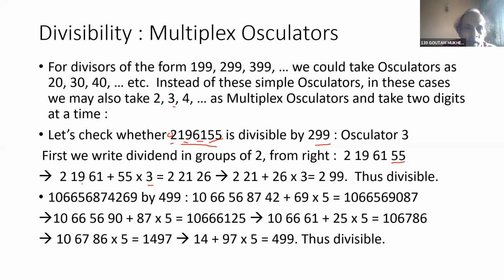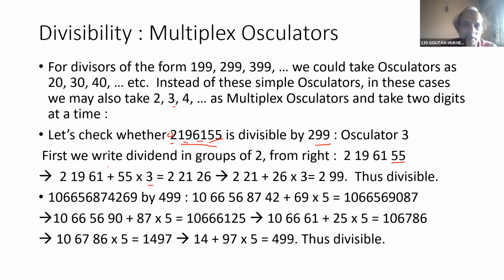You add it to 21961 and you get 22126. Then 221 plus 26 into 3, that is 78, becomes 299, which is obviously divisible. It's divisible.